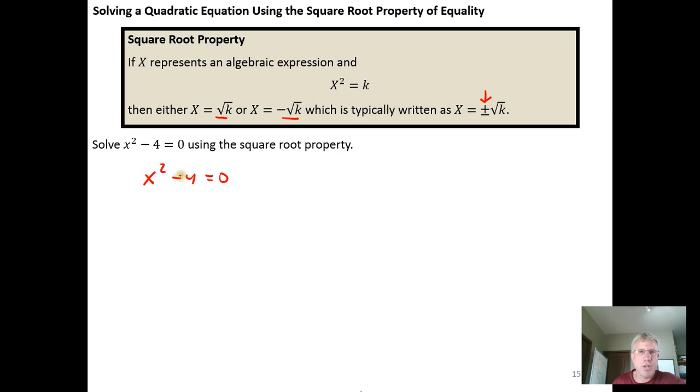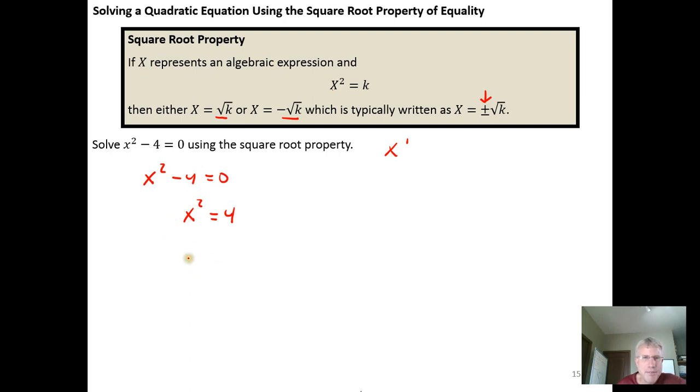So here I have x squared minus 4 equals 0. And what I want to recognize is that the linear term, the x to the first term, is missing, which means if I add 4 to both sides, I'm in a position where I have something squared equaling k. In this case, I have x squared equals 4. And if I do this wrong, which I'm going to do, I'll notice I lose a solution.